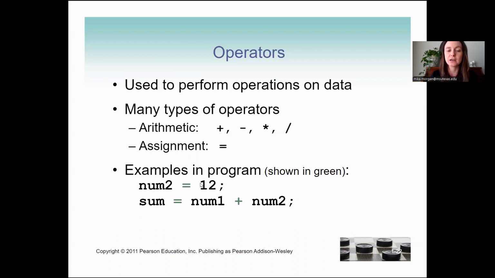So, like here, it's just the number 12, and then store it at this place. I want you to take this information and I want you to put it in this location. So I want to take the number 12 and put it inside the variable num2. I want you to go add num1 and num2 together, and then I want you to take that result and put it in the variable called sum.